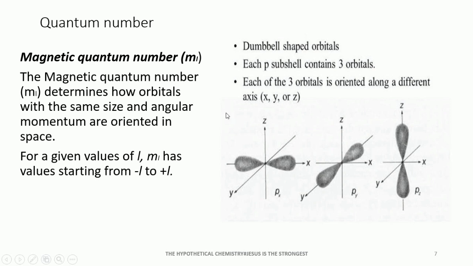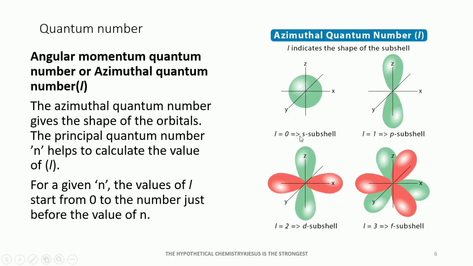So don't forget, the magnetic quantum number talks about orbitals with the same size and angular momentum quantum number. Let's go back. We all know that the p orbital has an angular momentum quantum number of 1, the s has 0, the d has 2, and the f has 3 in that order.